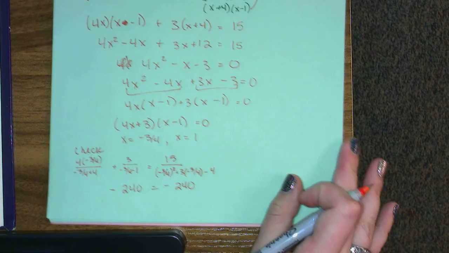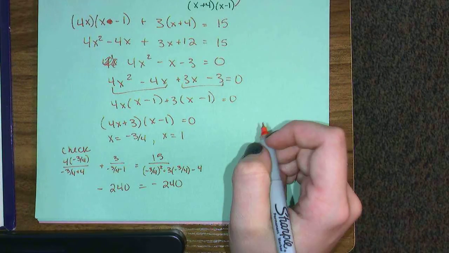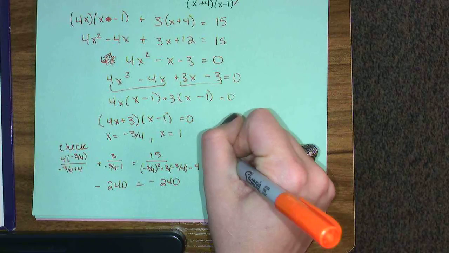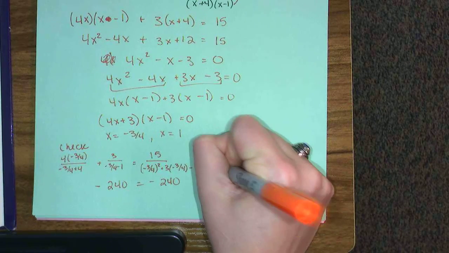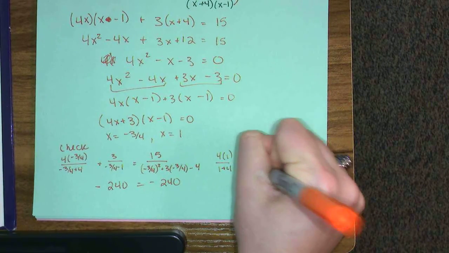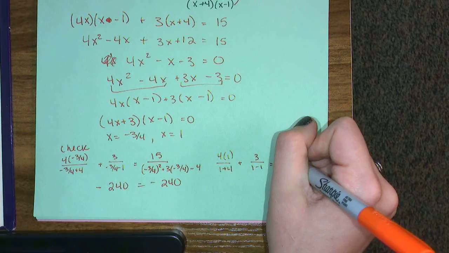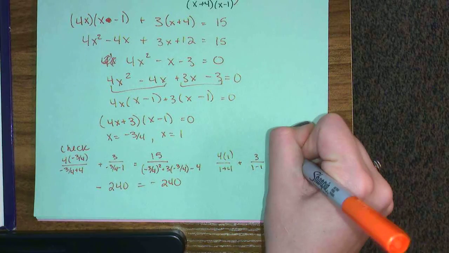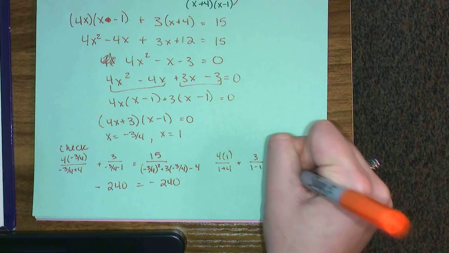So we checked that one. We need to check 1. So we're going to have 4 times 1 over 1 plus 4 plus 3 over 1 minus 1, equal to 15 over 1 squared plus 3 times 1 minus 4.